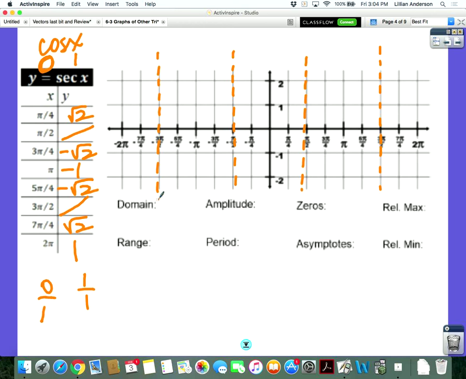So my asymptotes occur every, how far apart are they? Pi. So they occur every pi, but starting where? Not at 0, at pi over 2.